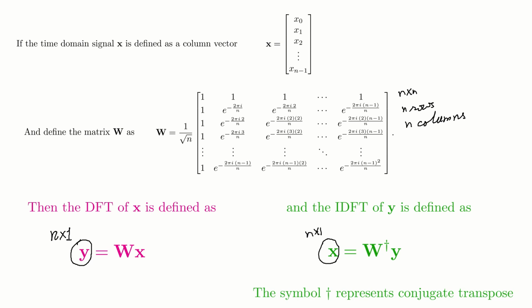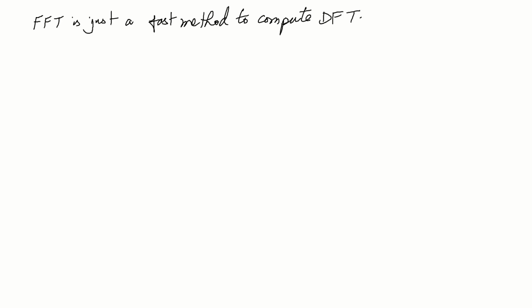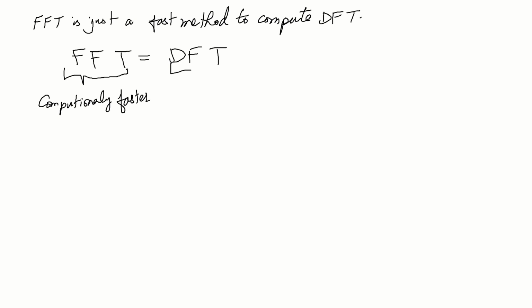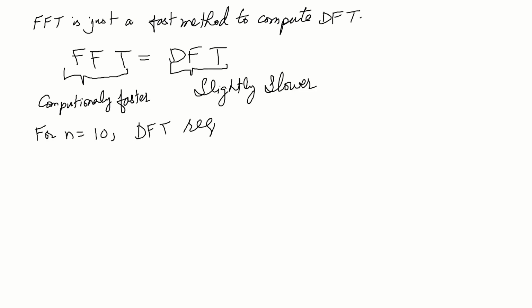Let us discuss the fast Fourier transform or FFT. FFT is just a fast method to calculate DFT. Otherwise, DFT is equivalent to FFT. Just FFT is computationally faster. For n equal 10, DFT requires 100 operations.